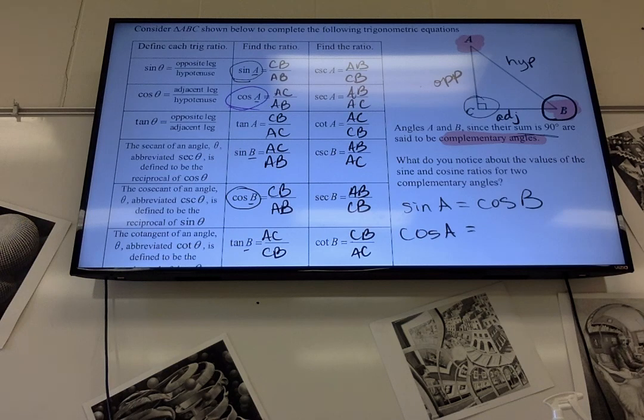Cosine of A is the same as what? Sine of B, yeah. So sine and cosine of complementary angles are equal to each other. And that's something that may come in handy as we go.